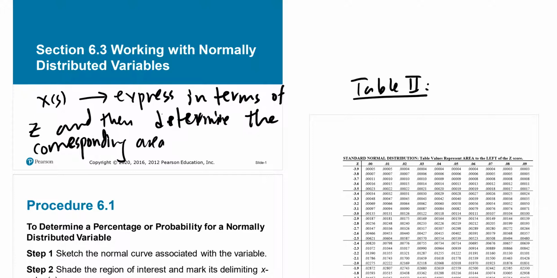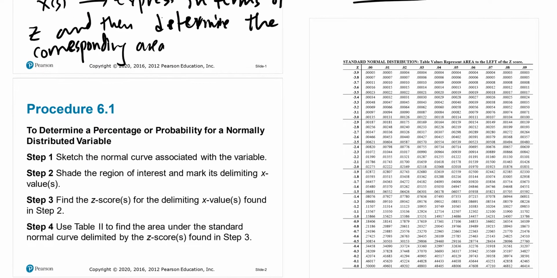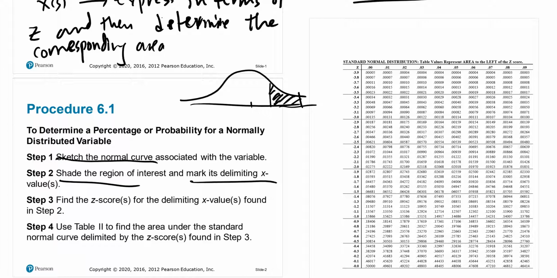So here are the procedures to do this. First, we sketch the normal curve, trying to sketch it with the given values and labeling the values on the curve. Maybe they're saying between 1 point something and 1.2 point something, as we did in the previous section. Shade the region and mark the x values.